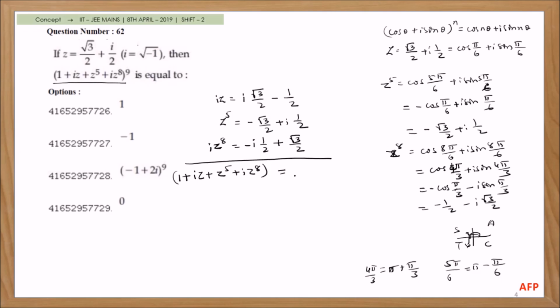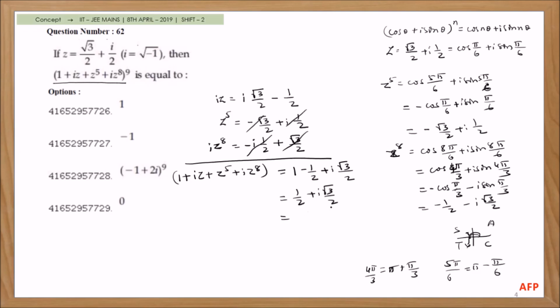If you add all the things, 1 as it is, so cancellation, minus sign, and here cancellation, so minus 1 by 2 plus i root 3 by 2, so it is nothing but 1 by 2 plus i root 3 by 2.